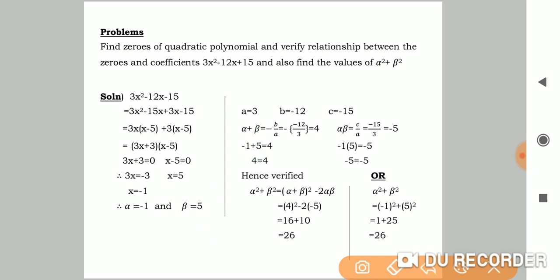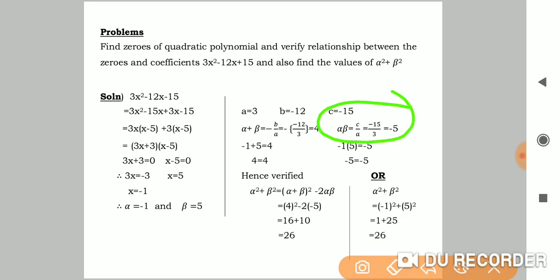So minus 1 plus 5 is equal to minus b by a is equal to minus, as it is, b is minus 12 we have written, and a is 3, minus 12 by 3. So minus into minus plus, you get 12 by 3 is nothing but 4. So 4 has been written here. Then minus 1 plus 5, you get 4 is equal to 4. Hence we have verified the sum of the zeros is equal to minus b by a.